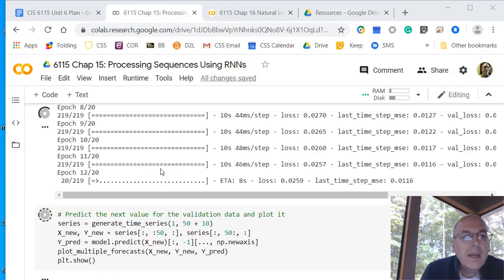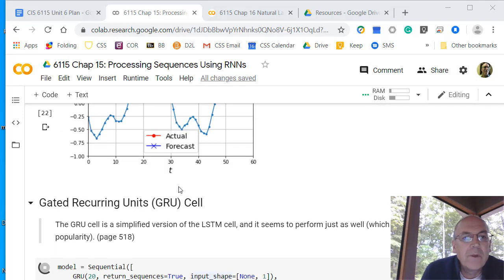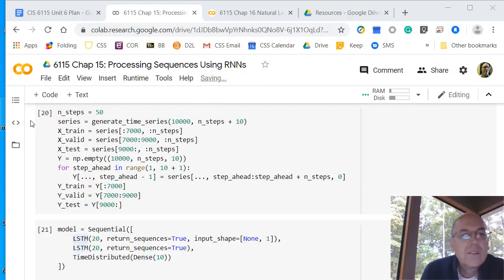The training of these networks, because we're sending these sequences through them and doing lots of updates over time, means that even though these are relatively small networks, they do take a lot of time to train. What generally happens is that if we're predicting the next cell, we'll regenerate something like 10,000 time series, and we're sending 7,000 through.